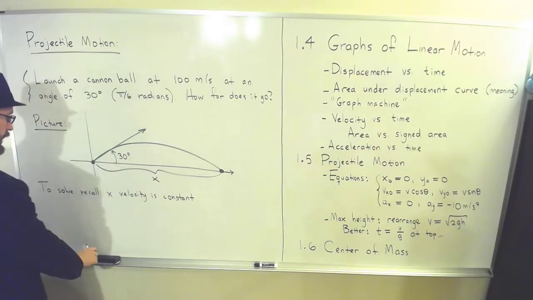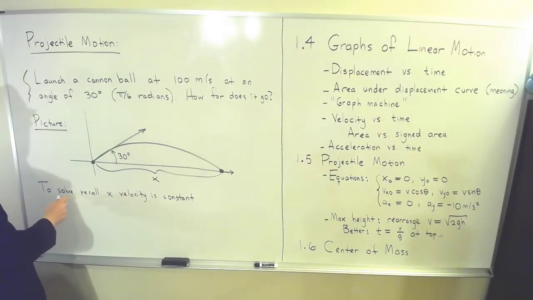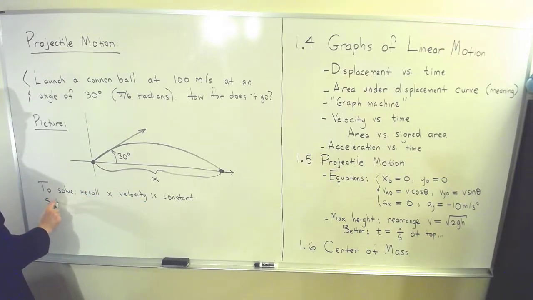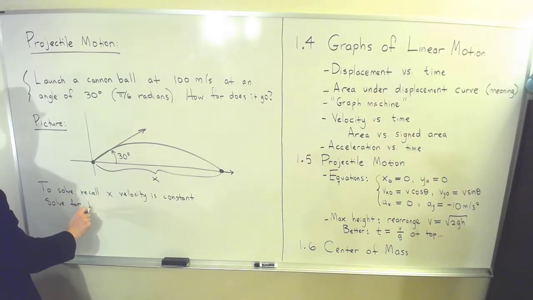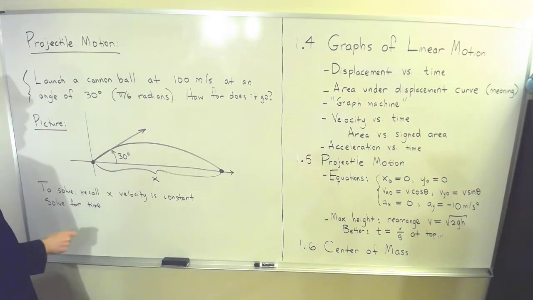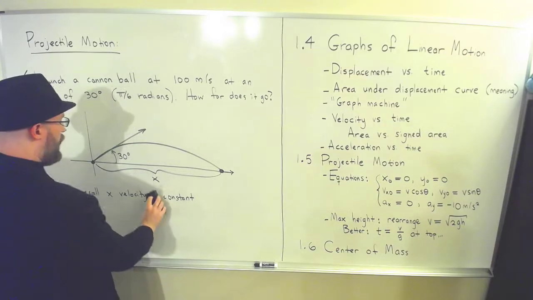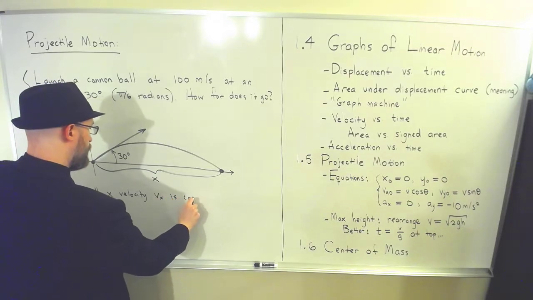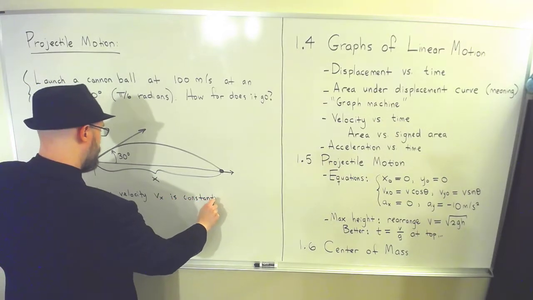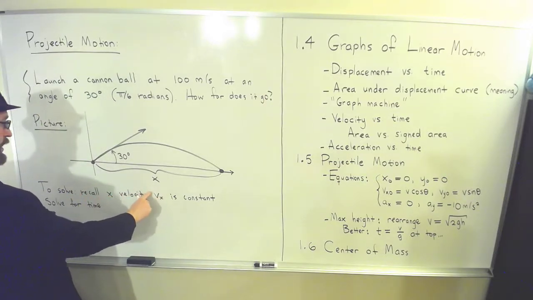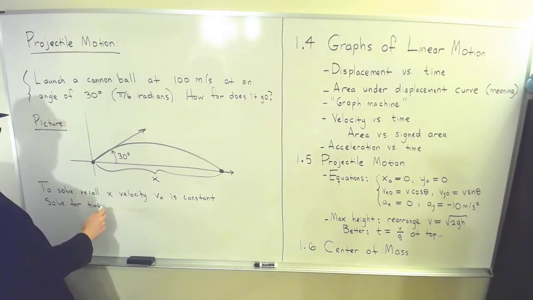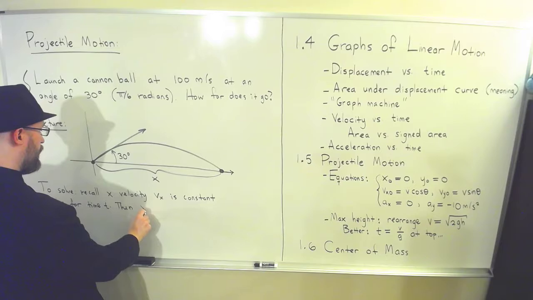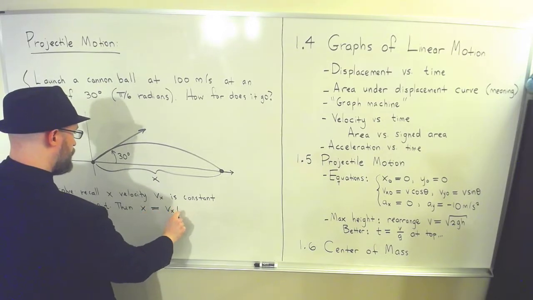So we can find the distance by just finding out the time. I named the x velocity Vx, so Vx is constant. That's the velocity, not the nerve agent. Solve for time, t, then the final distance x is just going to be that velocity times the time.